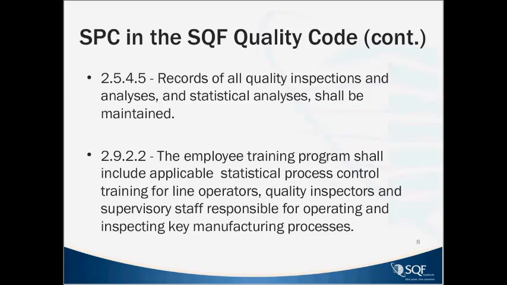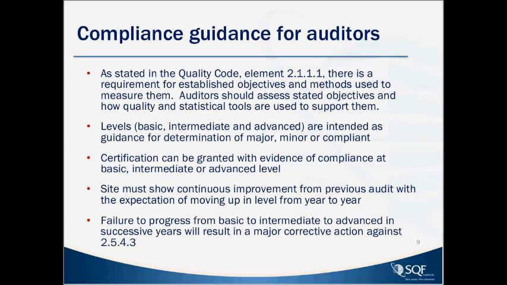So we'll be coming back to some of these particular code requirements as we go through the course, through the webinar, so you'll have an idea of where they might pop up. But before we do that, I wanted to give a little bit of, we're calling it compliance guidance for auditors, but obviously it should also be the type of information that you should be aware of as practitioners or sites that are either looking to get newly certified to the quality code, or are moving from the previous 7.2 level 3 to the new quality code.